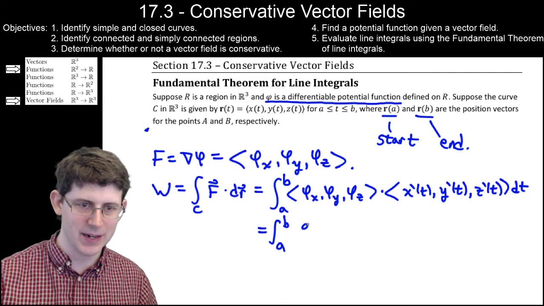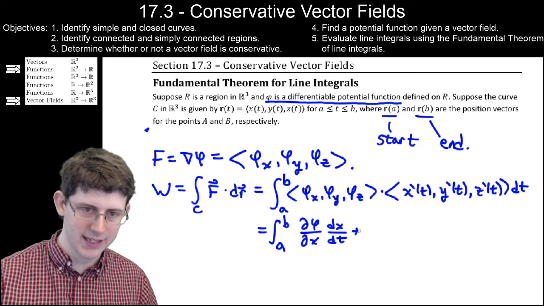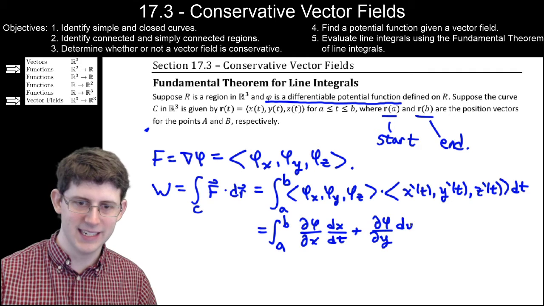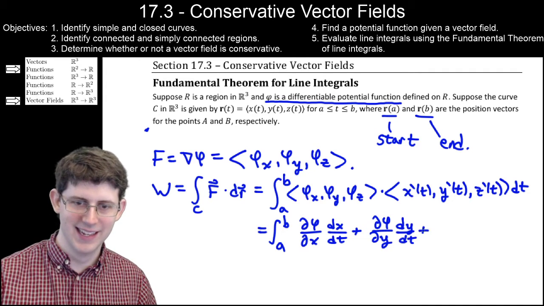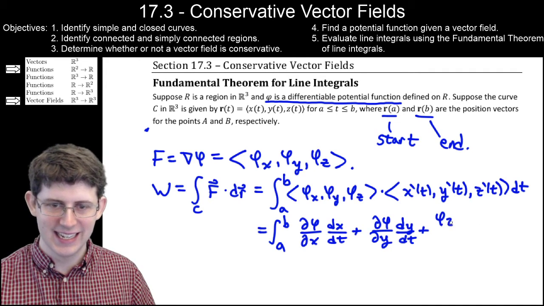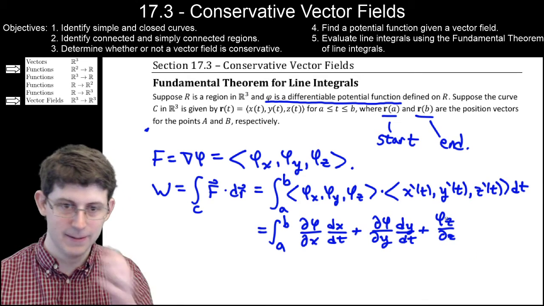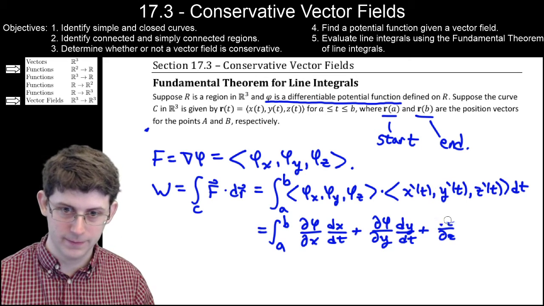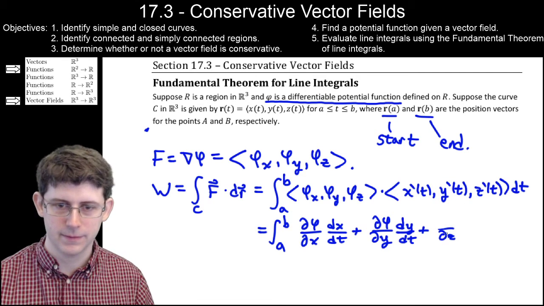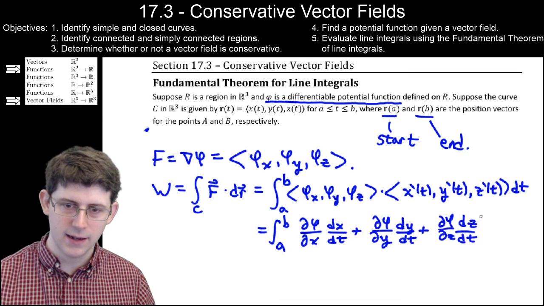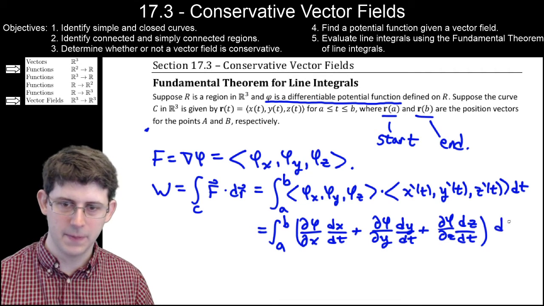I get partial phi partial x times dx dt, plus partial phi partial y times dy dt, plus partial phi partial z times dz dt, all this dt.